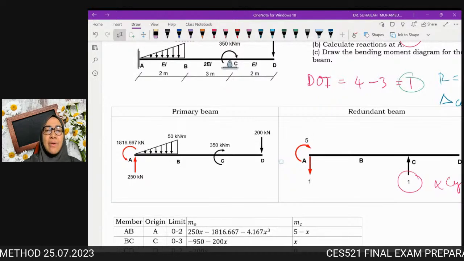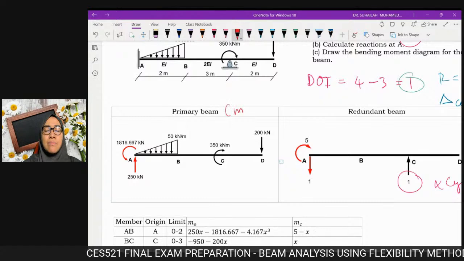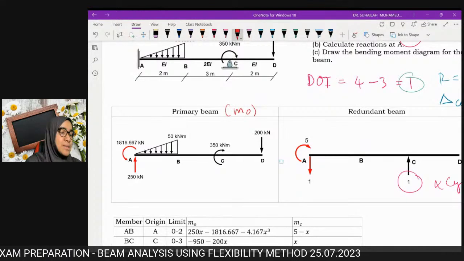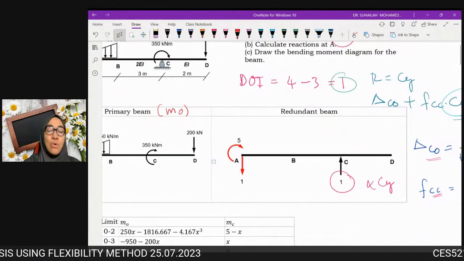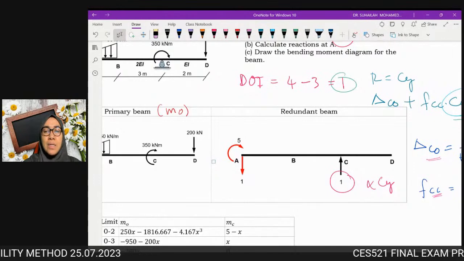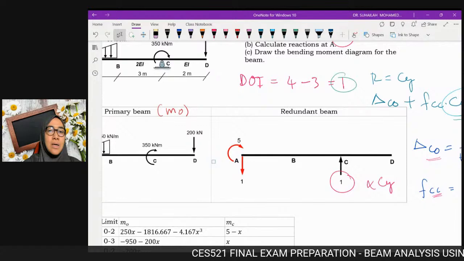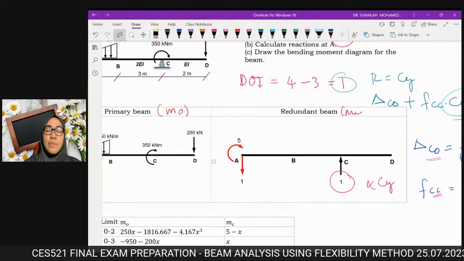For the primary beam, we write the moment equation as M with the naught symbol, and for the redundant beam we follow whatever notation we use to represent the moment equation for the redundant system. In this case, this is MC.